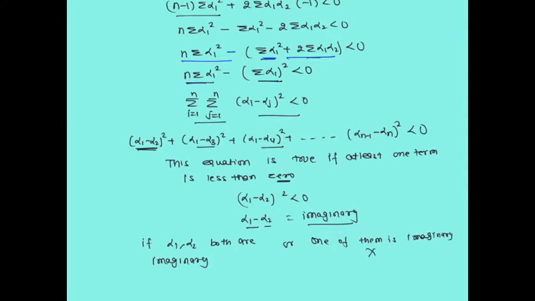But this is not possible because coefficients are real. So imaginary roots are always in pair. You can say at least two roots must be imaginary. So this is your answer.